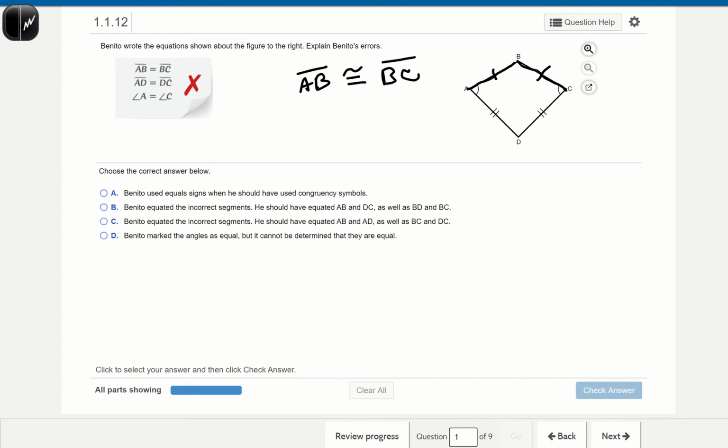The way you would make it into an equal sign is if you eliminate the bars from the top. Now they're no longer objects. So AB without the bar just stands for the length of the line segment AB, and BC without the bar stands for the length of the line segment BC. Okay, so one important thing to distinguish there. In this case, Benito had the right idea, but he used the wrong symbol. So Benito needed to actually use the congruency symbol.